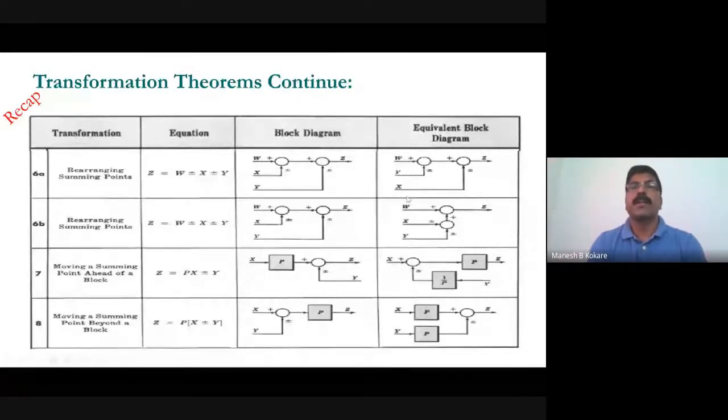Now, if you interchange this, the output will be the same, like Z is equal to W plus or minus Y plus or minus X. If you interchange here, nothing will happen, basically, because these two summing points are directly connected to each other. So you can directly interchange these signals, right?